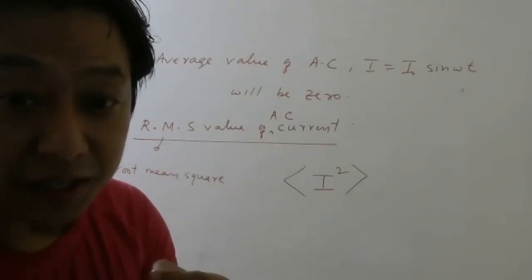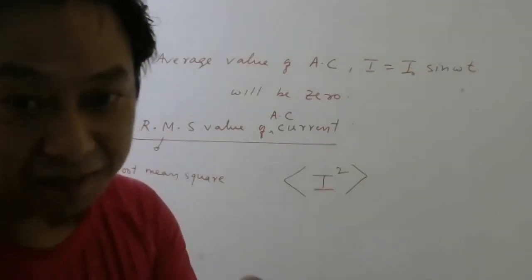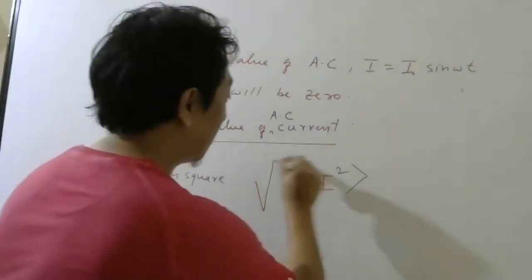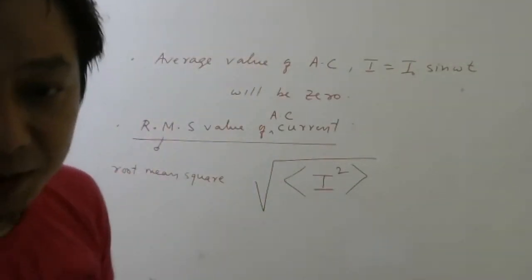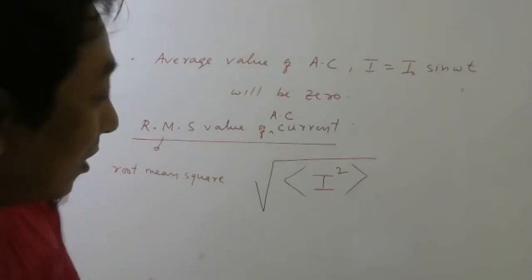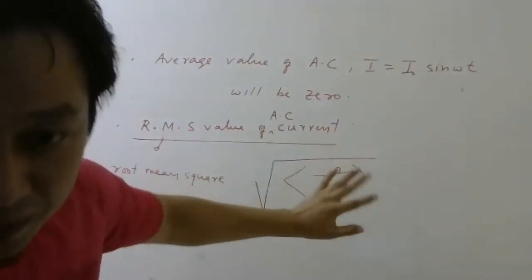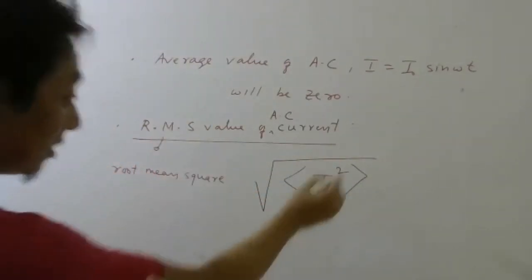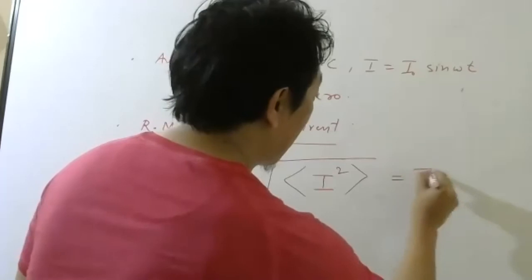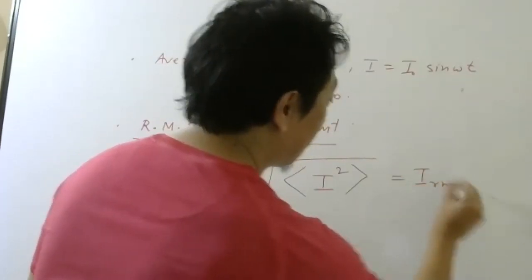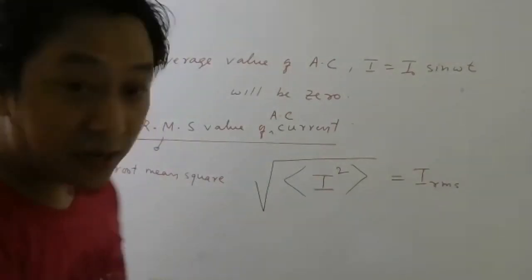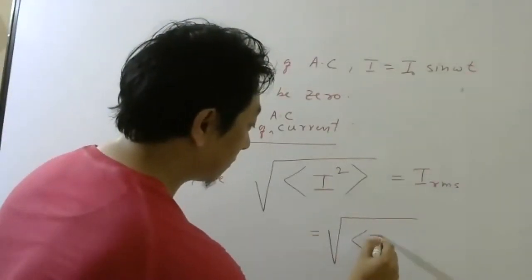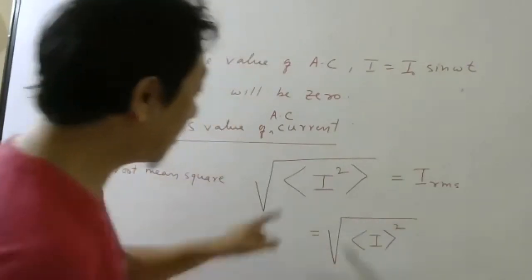But we are interested in the effect of current. Remember, current, not the square of current. So what will we do? Square root. Once you take the square root, the units will be back to amperes. Without the square root, it will be ampere squared. With the square root, it will become ampere. So this current is what we call I RMS current. Okay, students. So can I say this is the same as this? Can I say these two are the same?